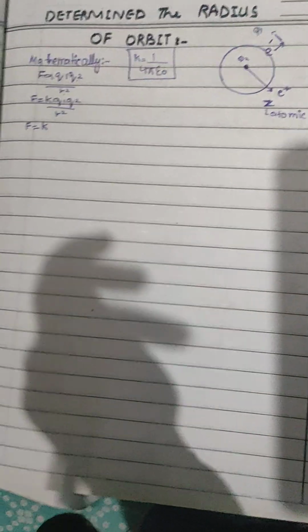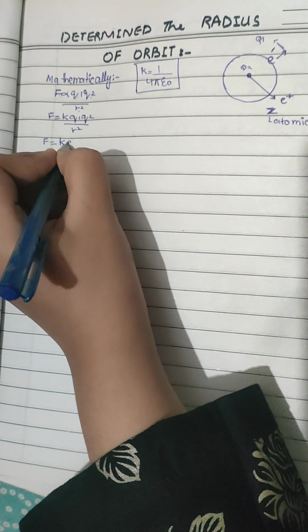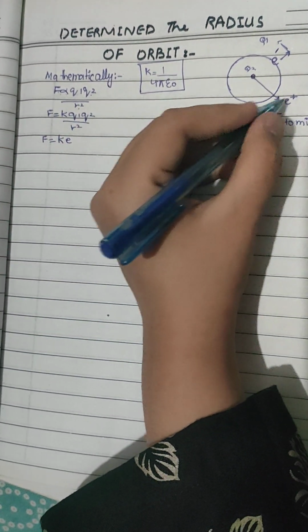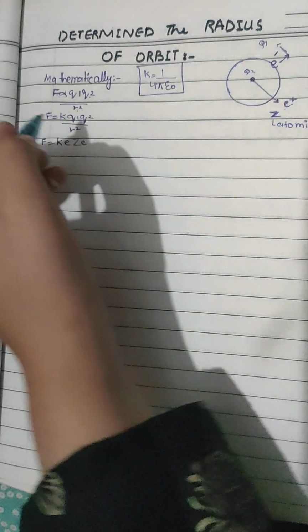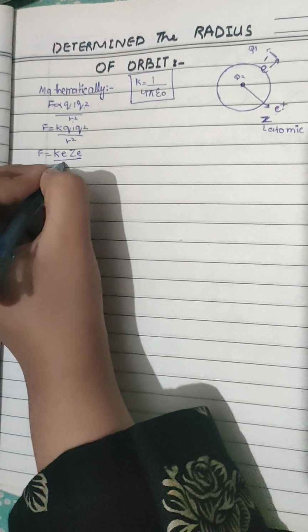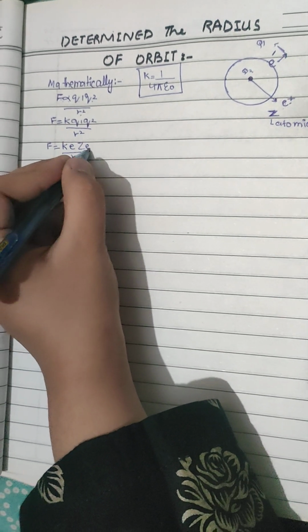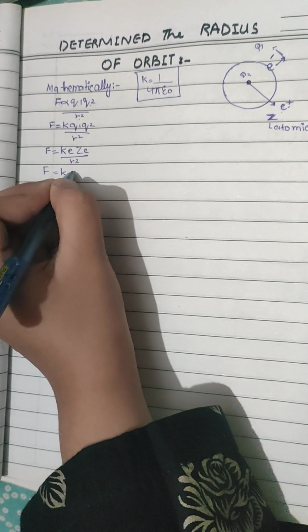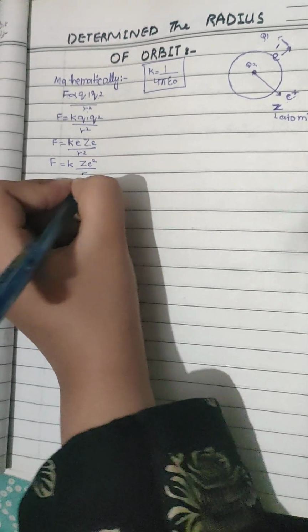As I took the charges here, Q1 is the electron, and Q2 is equal to ZE, the charge of the proton. So now here we have R square. Then F is equal to, now E, we will combine, K ZE square upon R square.